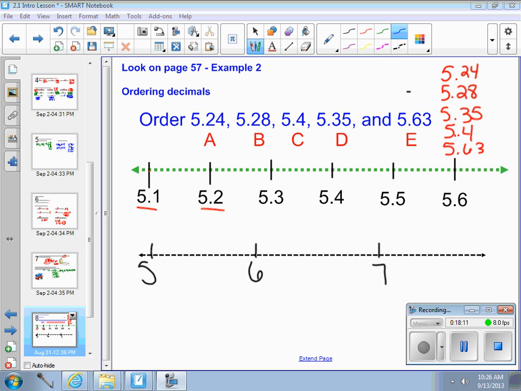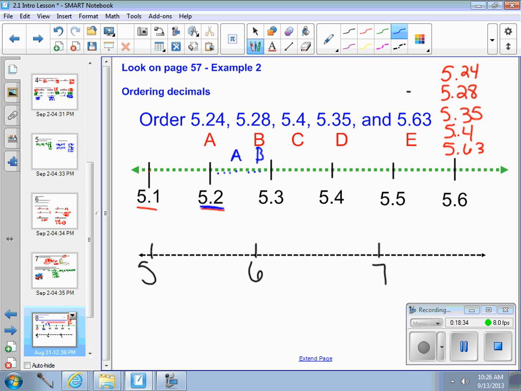Here I have 5.2. That's 5.21, 5.22, 5.23, and 5.24. That is going to be where our A is. Now if I continue and go to 5.25, 5.26, 5.27, 5.28, that's where my B is going to be.